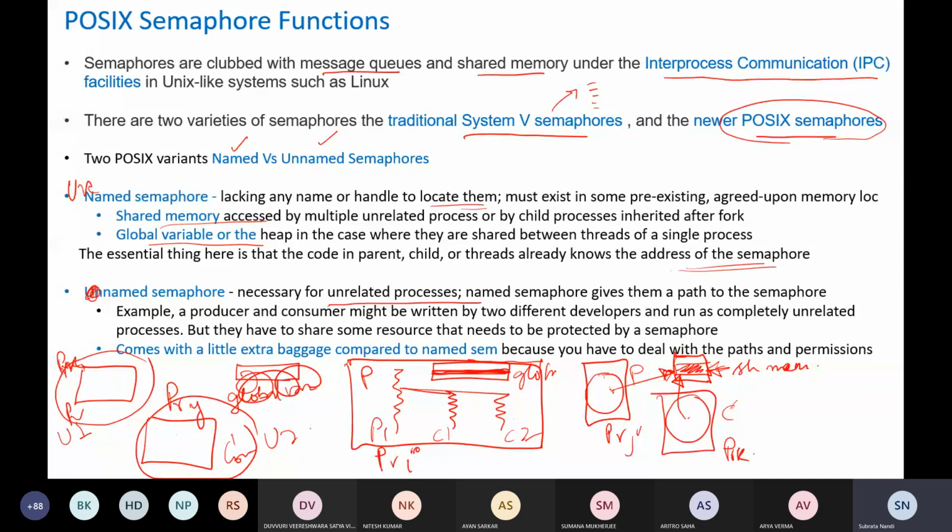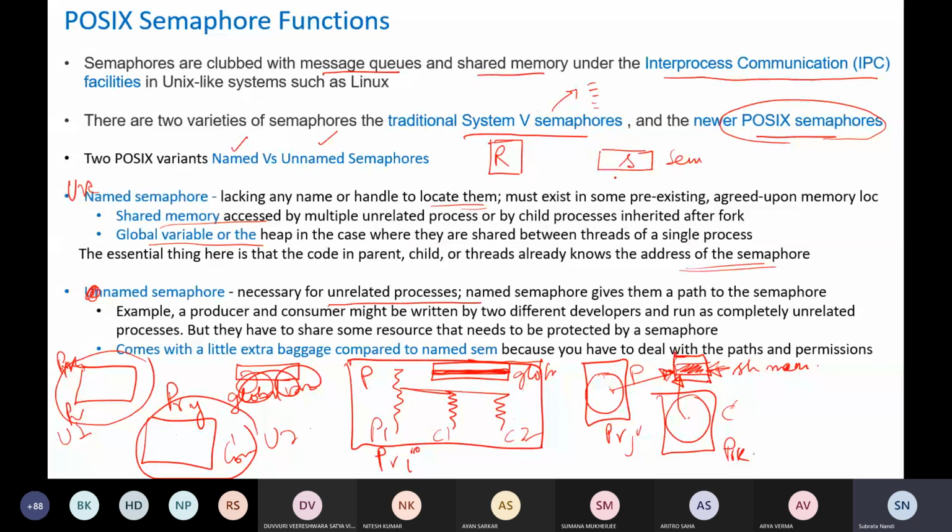In such a case, if they want to access some shared resource, say R, they need to have some semaphore to enable access to it.